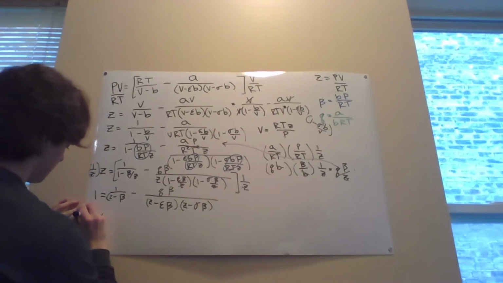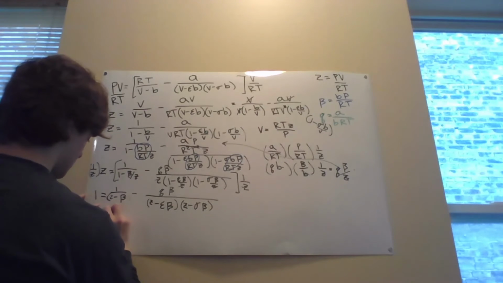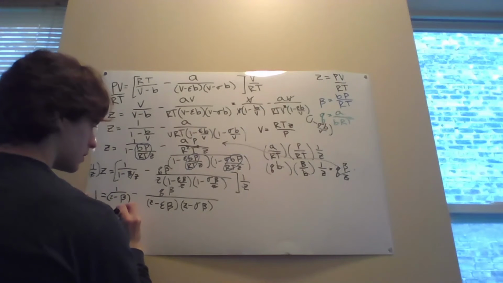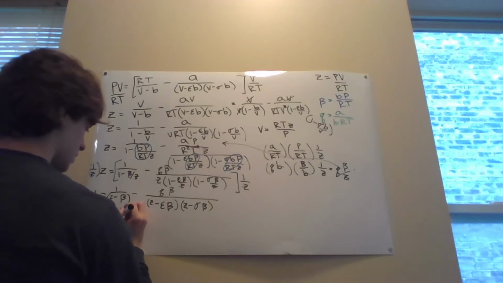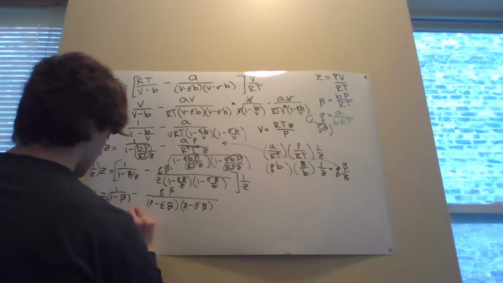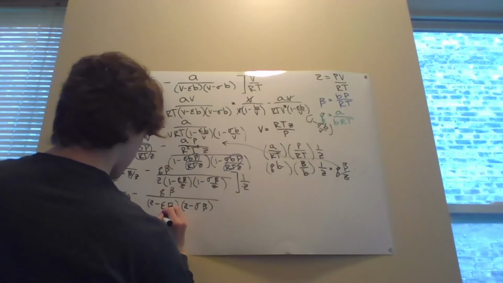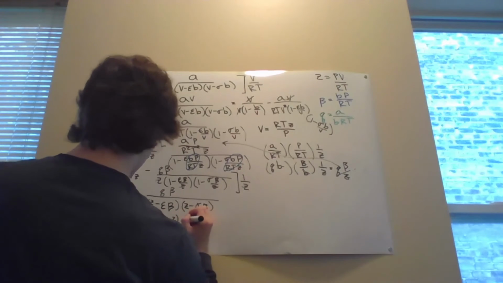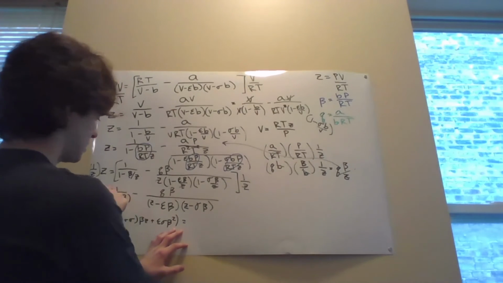So this will be Z minus beta times Z squared plus Z squared minus epsilon plus sigma times beta Z plus epsilon sigma beta squared, and that will be equal to, this will just become this denominator because it's 1 times the denominator.